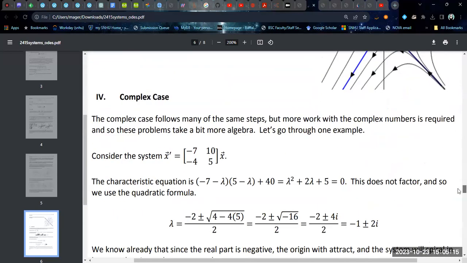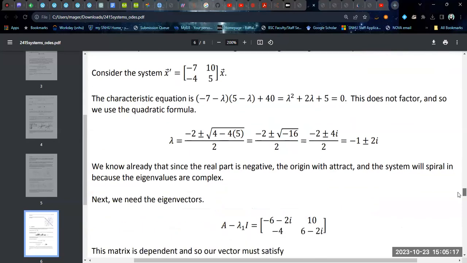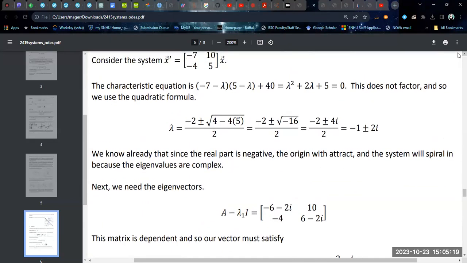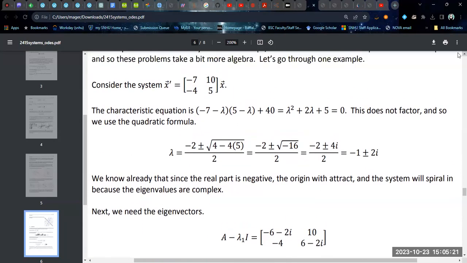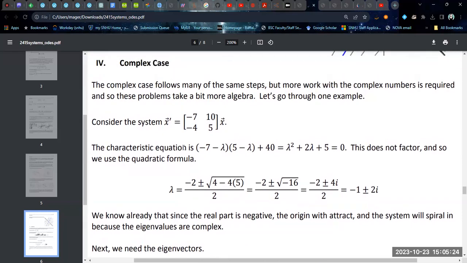Now, we want to look at an example of the complex case and how that would differ from the real case. There is a little bit more algebra involved, although the general outline is going to be quite similar.